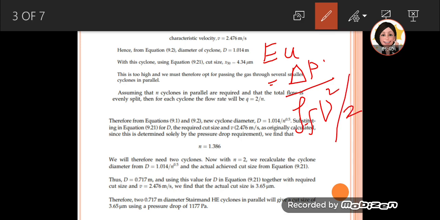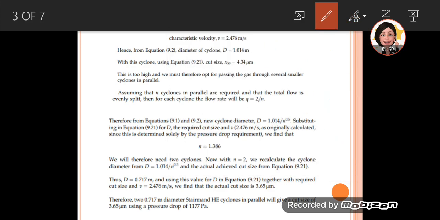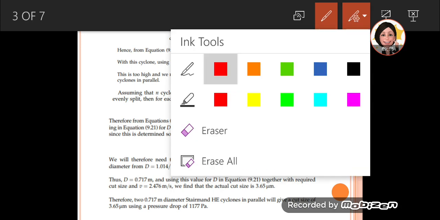Since we have the total pressure drop and we know the density of the fluid, we can find the V. Then we use equation 9.2, which relates V to the flow rate of the gas and the diameter squared. We know the flow rate, which is 2 meter cube per second, and we know the V now, so we can calculate the D. So now we get the diameter.